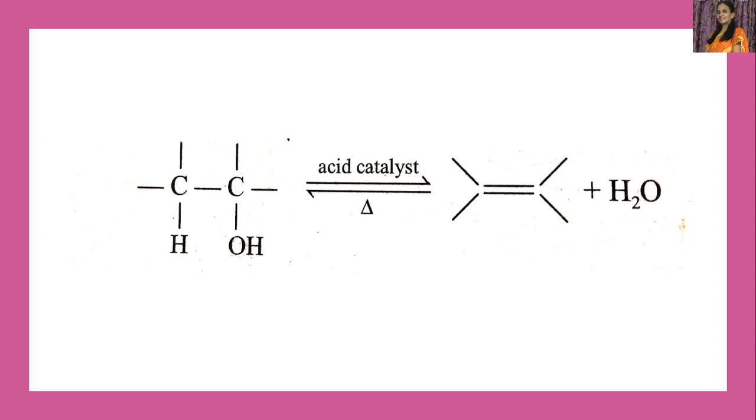Then we get an alkene. So alcohol is converted to alkene in the presence of an acid like concentrated sulfuric acid or concentrated phosphoric acid on heating to 160 to 170 degrees centigrade. This is the general representation of dehydration of alcohols.